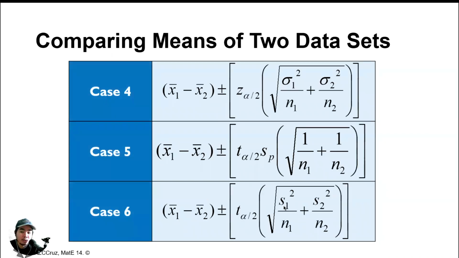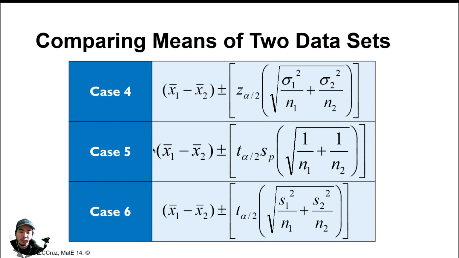Okay? So, pag ganyan, we use this equation, no? So, yung final interval niya is yung difference between the two. So, that's x1 bar minus x2 bar is within plus minus z alpha over 2 multiplied by square root ng sigma 1 squared over n1 plus sigma 2 squared over n2.